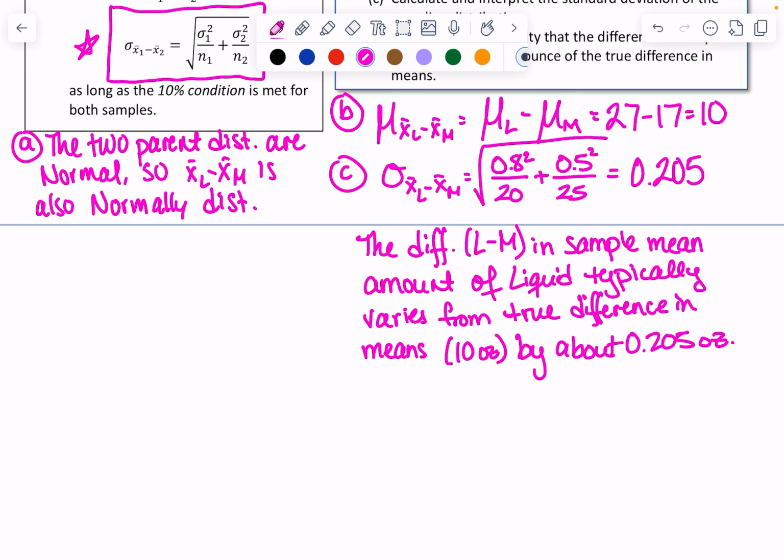I'm not going to get too caught up with the interpretation right now, but in chapters 8 through 11, we are going to need to draw some conclusions. So we're going to need to get used to this kind of language.